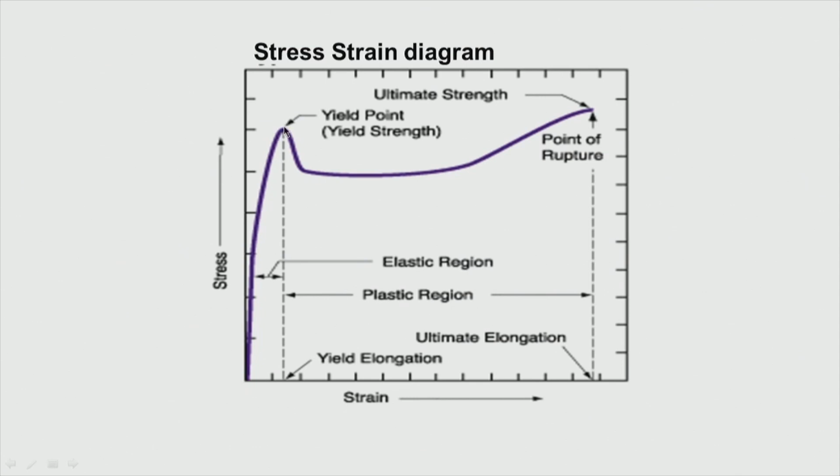Then here we have the yield strength, and this region is called the plastic region. The slope is called the modulus. And finally, it breaks here. So, this is the yield strength, and this is the ultimate strength.